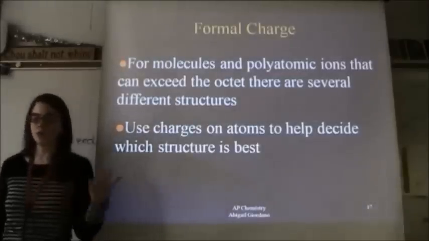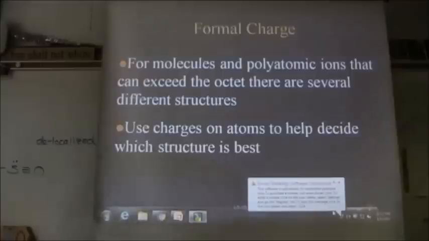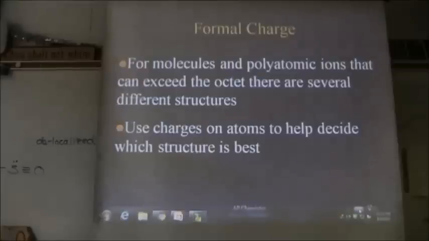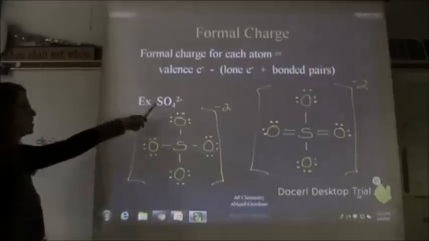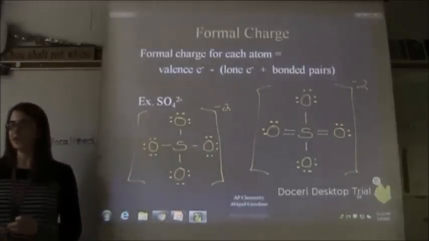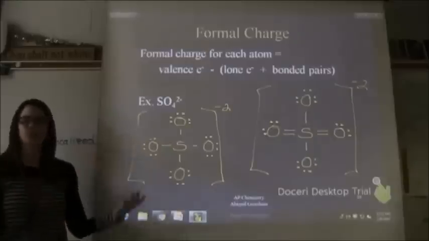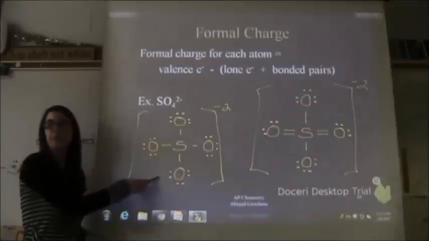Which one is the most appropriate? So I'm going to use the polyatomic ion sulfate as our example. And guys, if you were using our rules from last class of just drawing a Lewis structure, this is what sulfate would look like.